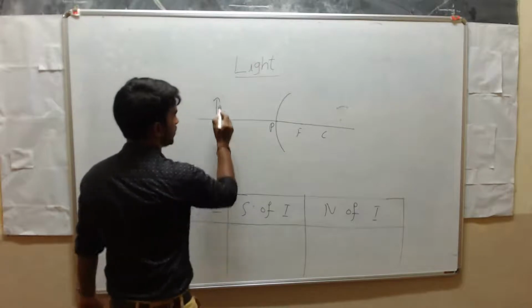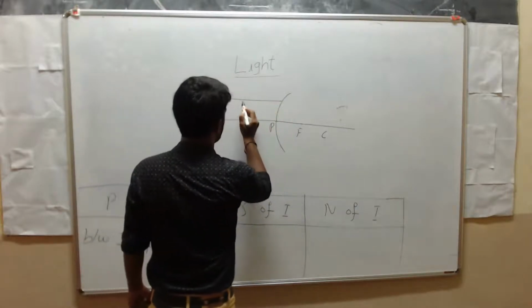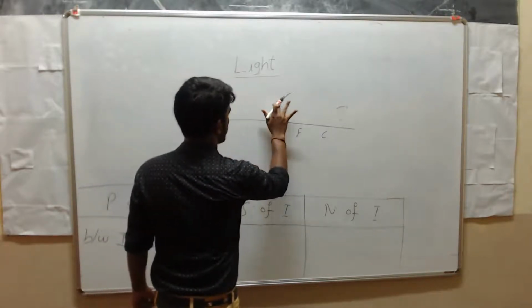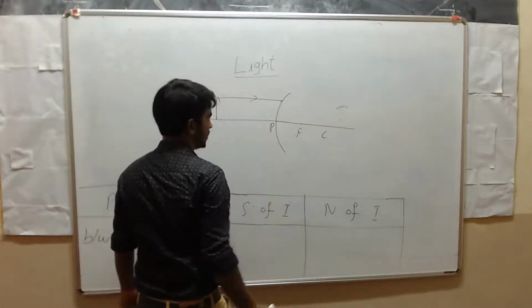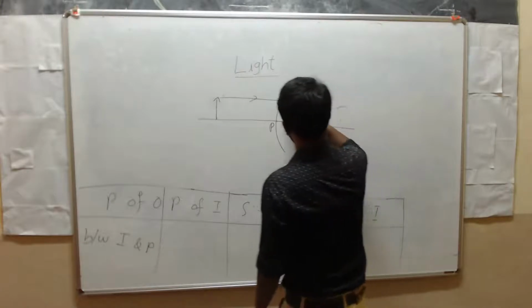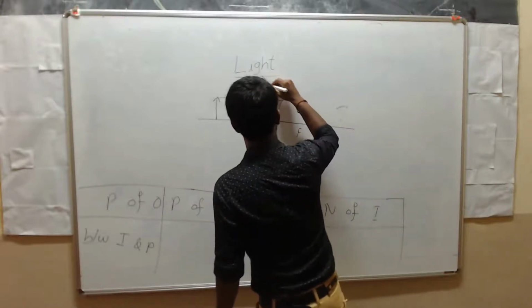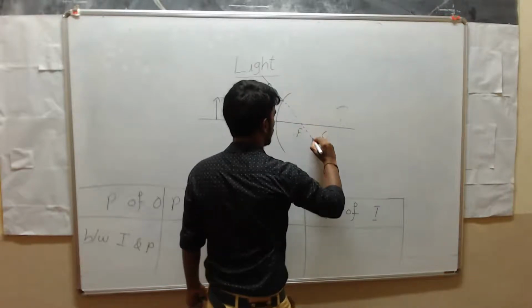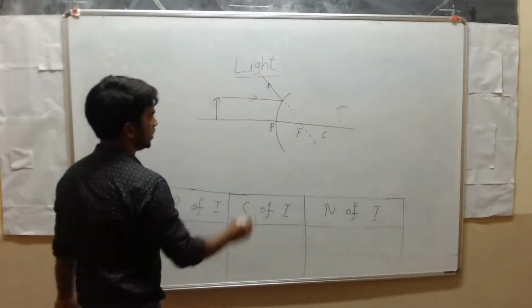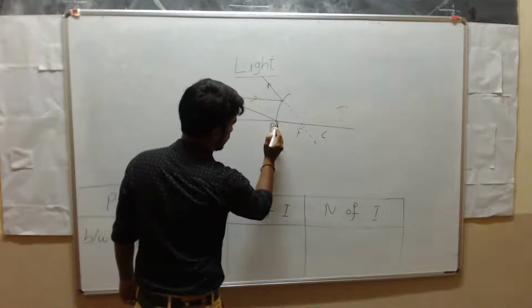So now, once again consider one ray parallel to the principal axis. You know, after reflection, that ray virtually passes through the principal focus. Next, consider one more ray which passes to the pole of the mirror.